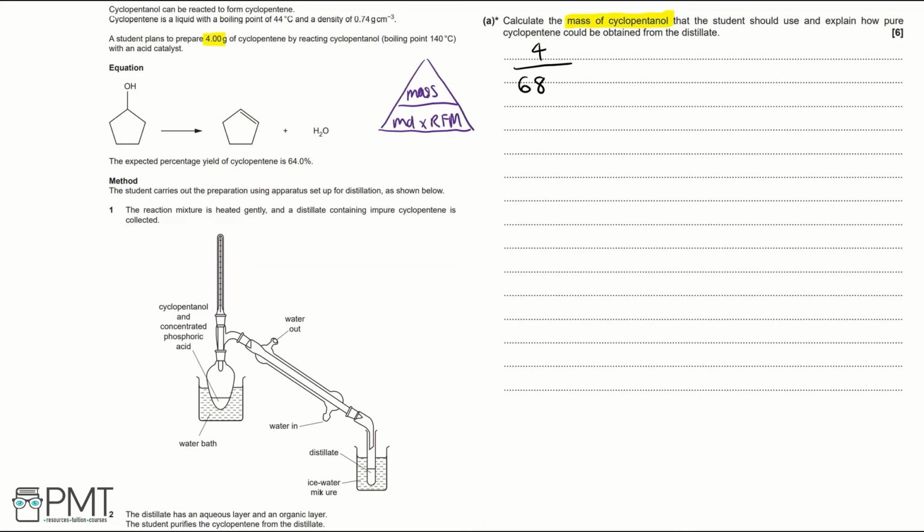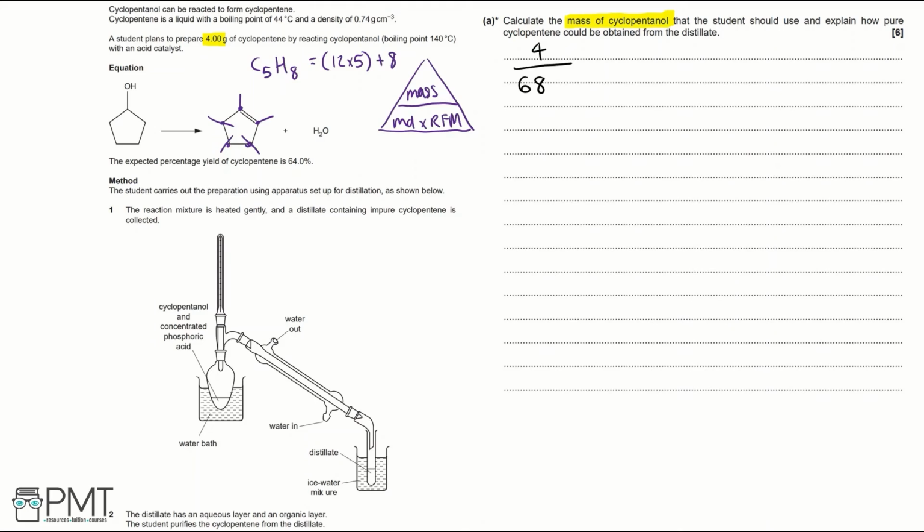If we calculate it, that's 5 carbons, so C5, and 8 hydrogens, so that's equal to 12 times 5 plus 8, which equals 68.